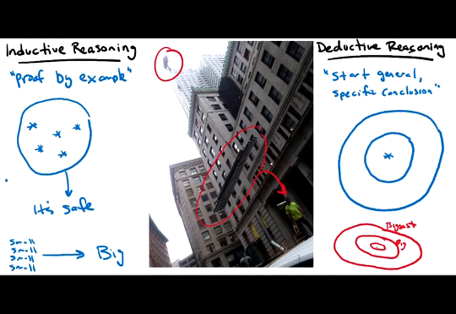And then you end up with, finally, a specific conclusion. So with deductive reasoning, you're going big to small. I hope that helped in clarifying the difference between inductive and deductive reasoning.